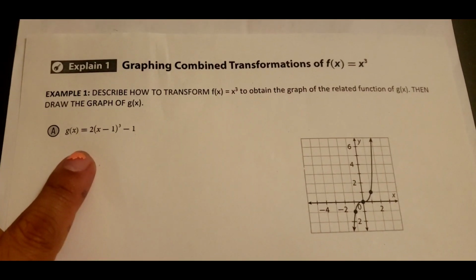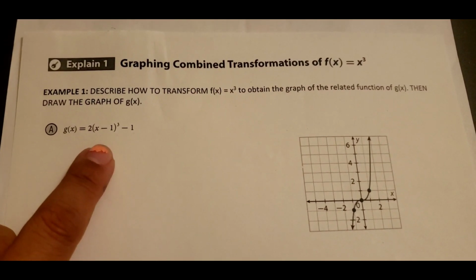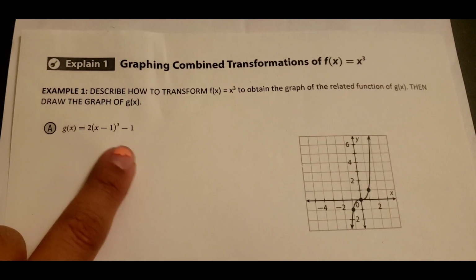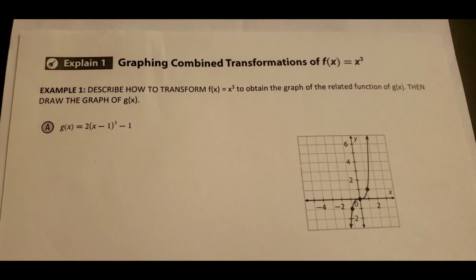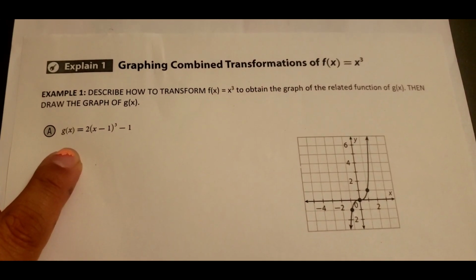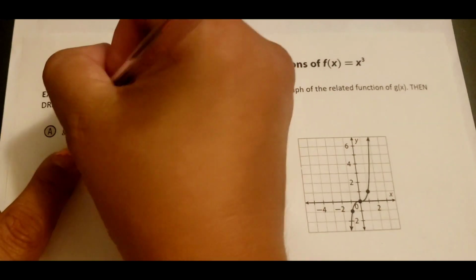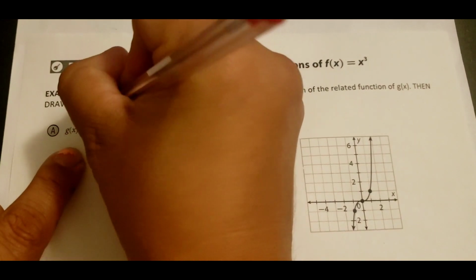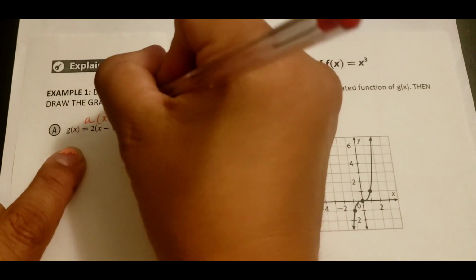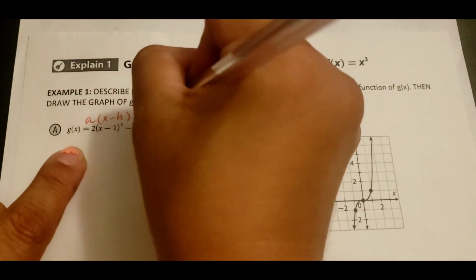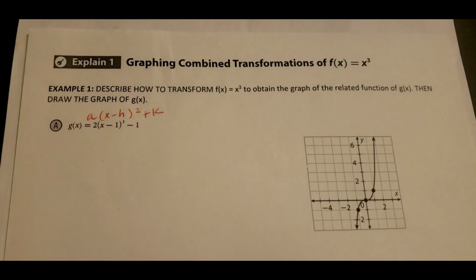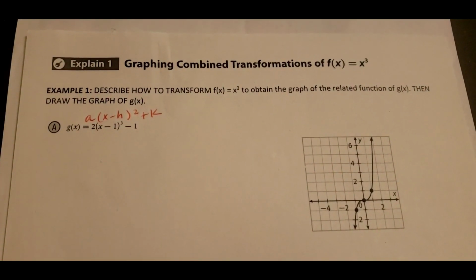We have our function g of x equals 2 times the quantity x minus 1, cubed, minus 1. To be honest, the first thing I would do is write the vertex form right above. Okay, so this is a times the quantity x minus h, cubed, plus k. Okay, and until you have it memorized, then I would stop, I guess, but it doesn't hurt to write it down.